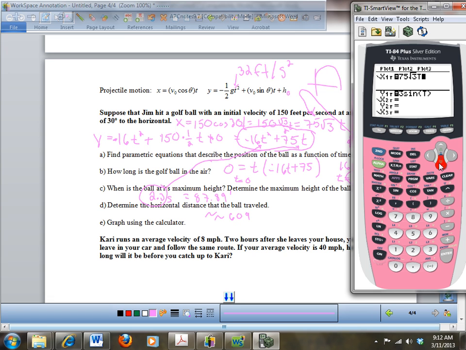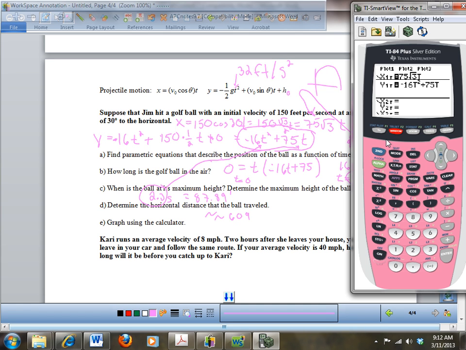And in the y equation, I'm going to plug in negative 16t squared plus 75t. And you're going to say, why isn't mine working?